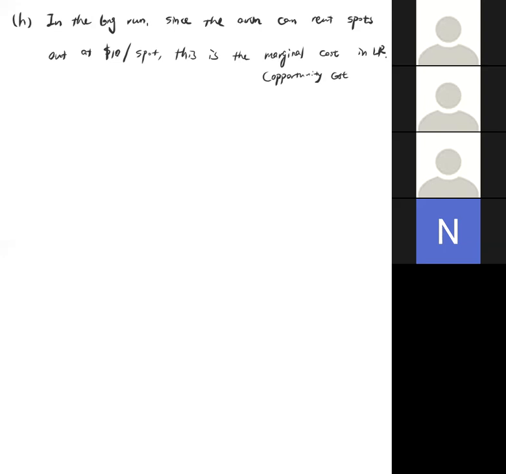And if there are 200 spots, the long run economic profit will be revenue minus economic cost. And we already said that the equilibrium price is 20 and the equilibrium quantity is 200, so that is the revenue. This is the equilibrium price, and this is the equilibrium quantity.